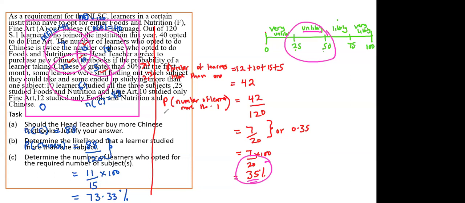And the condition was that as a requirement, you have to opt for either. So what does either mean? Can someone interpret for us? What does the last part tell us to do? Okay, Eric?